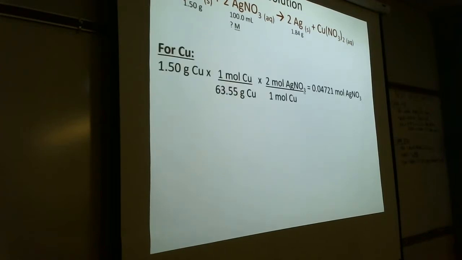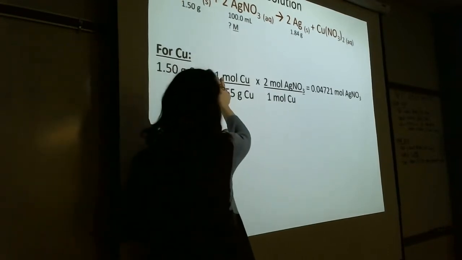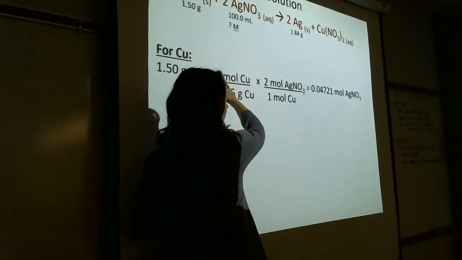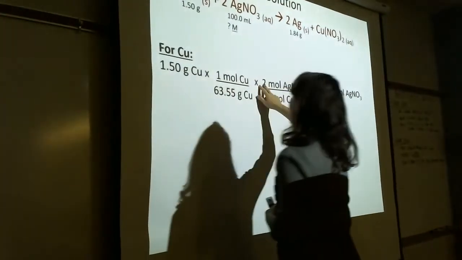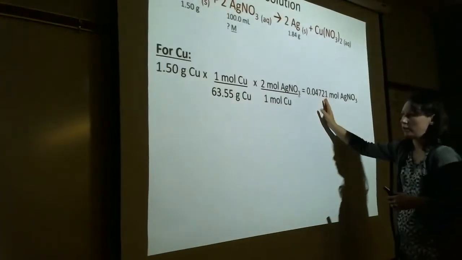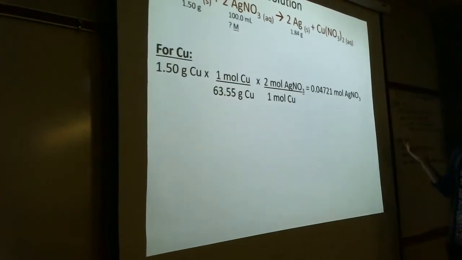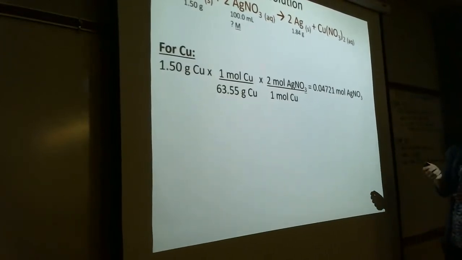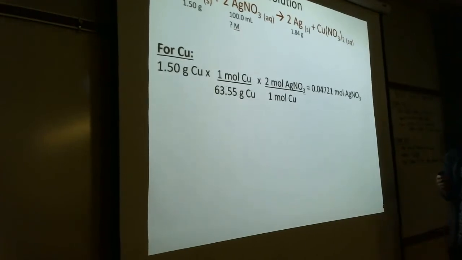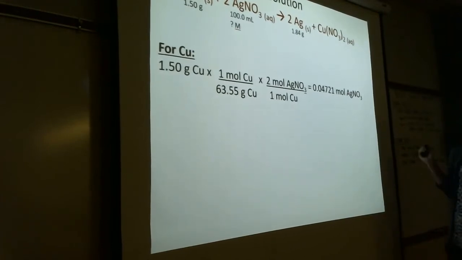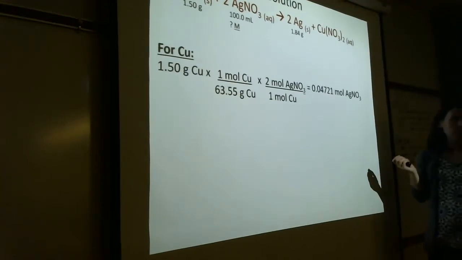So there's the calculation for our copper. Grams to moles. And then now all you have to do is mole ratio, because we want number of moles. Don't keep converting. Don't go all the way to grams. That's unnecessary, because the formula for molarity is moles over liters, not grams over liters. If you went all the way to grams, you did a step too far.